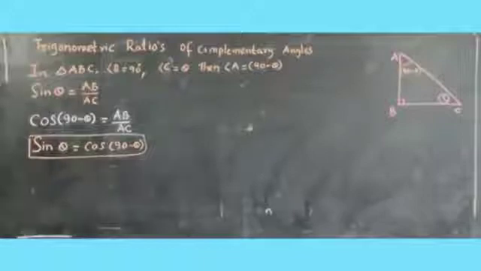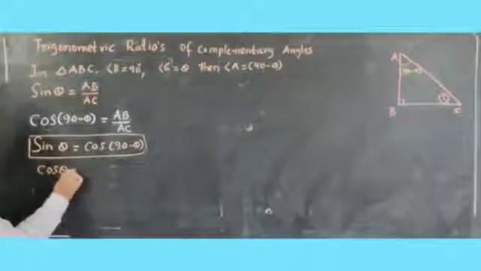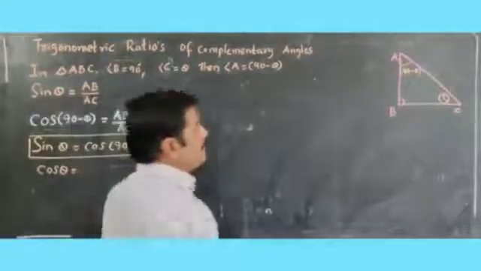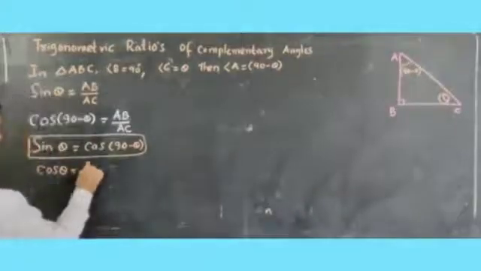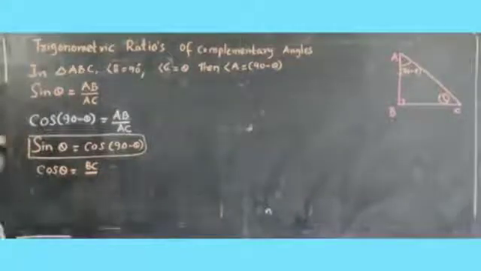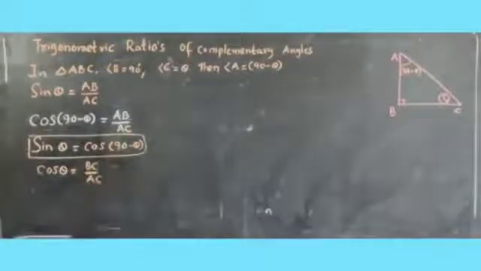In the same way, you have to find cos theta. So cos theta is equal to adjacent side, that is BC, and hypotenuse is always AC for that triangle.